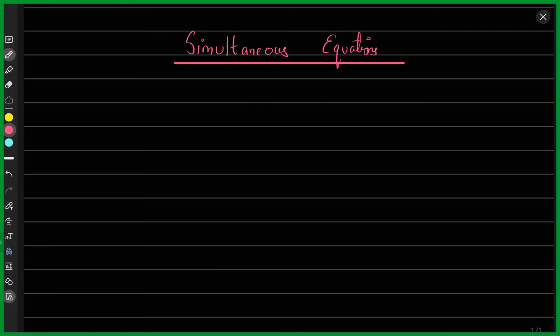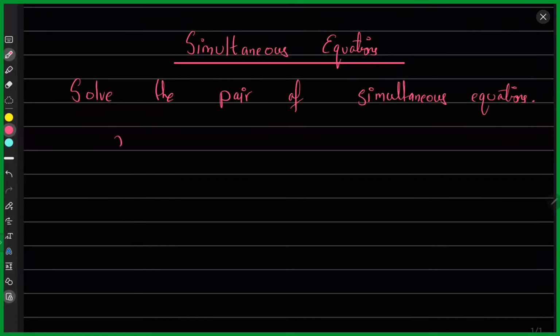The question would be something of this type: solve the pair of simultaneous equations. The equations would be x plus 3y equals 6 and x minus y equals 2.